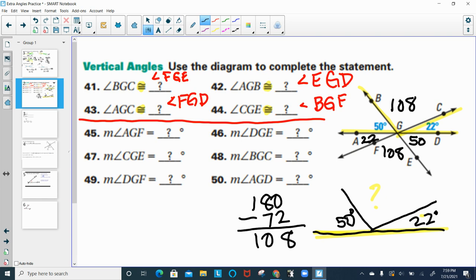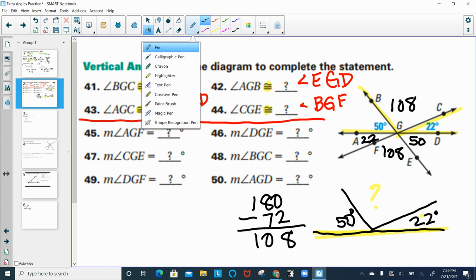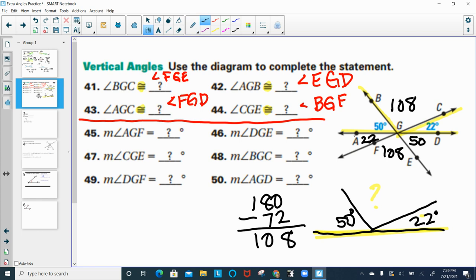So if I look at AGF, let me see if I can get there, we go, get a better pointer. AGF is 22. Go across here to DGE, DGE, that's 50.